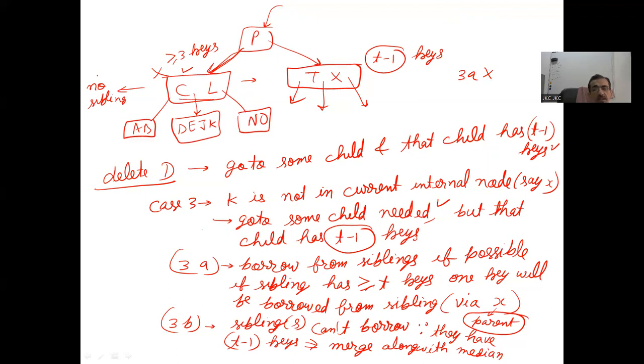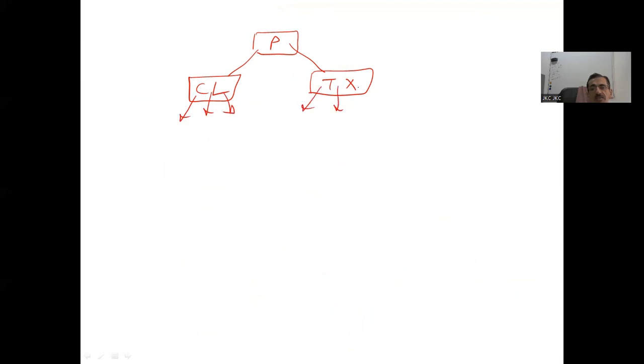For example, this situation is a case 3B. I redraw on the next screen. I have here P, I have here CL, I have here TX, and then all other pointers available. 3 pointers this side, 3 pointers this side.